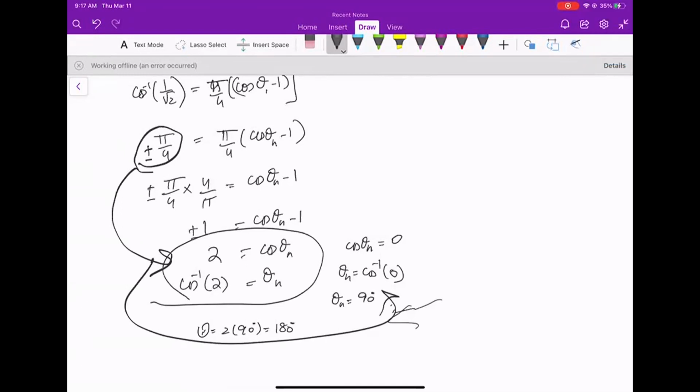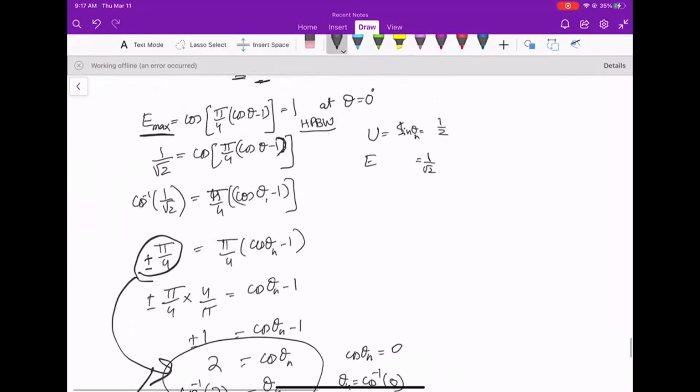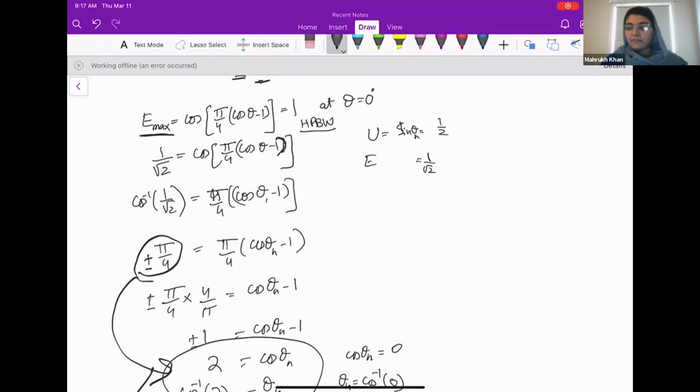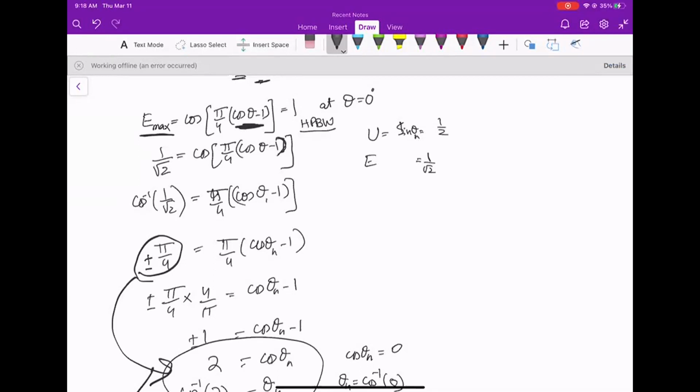Okay, so the effect of the fact that we started out with 1 equals cos theta h minus 1 instead of 0 equals cos theta h minus 1. Say pi/4 on the right hand side had been negative. It's given in the book, so it's not that we did not produce it by ourselves. Right, no, I understand.